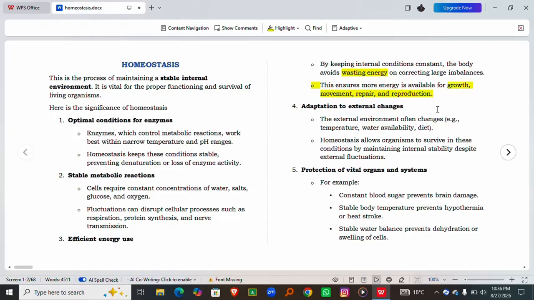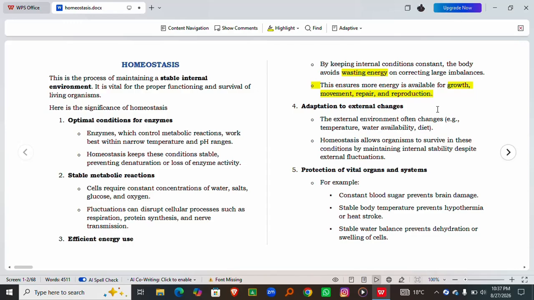So when there are changes within its external environment, organisms will have to respond. Homeostatic mechanisms will allow the organism to survive in the changing conditions, so that it maintains its internal environment despite the external fluctuations.